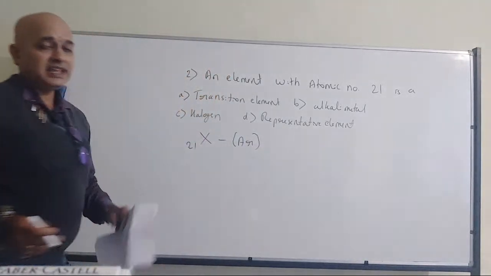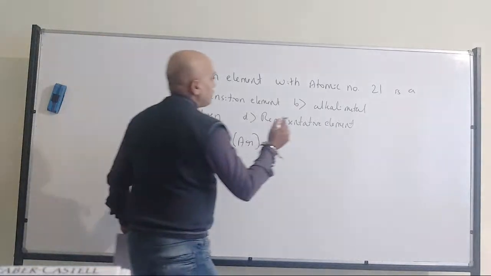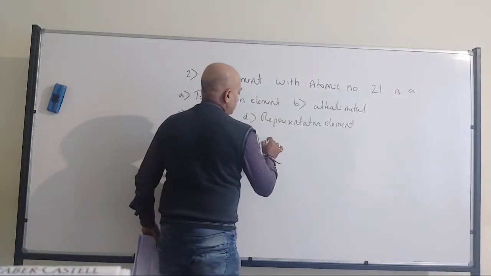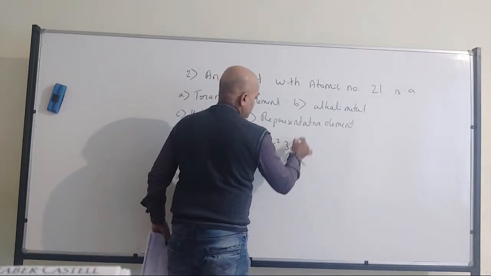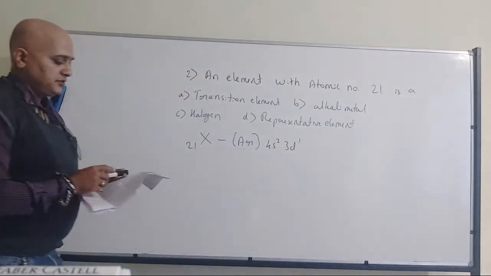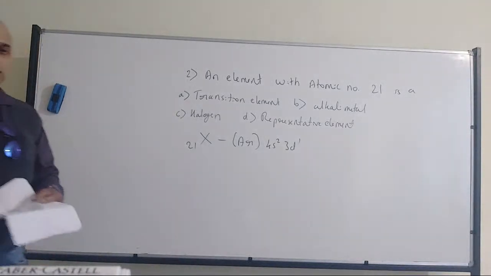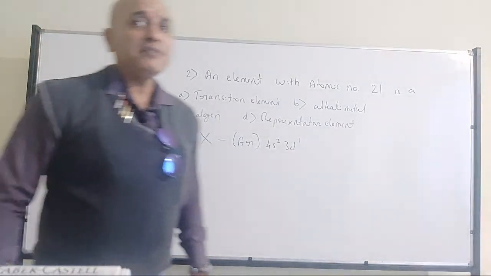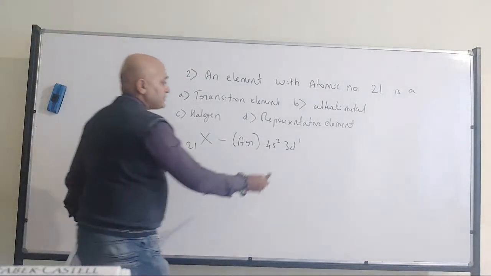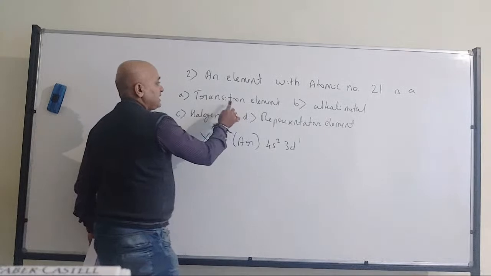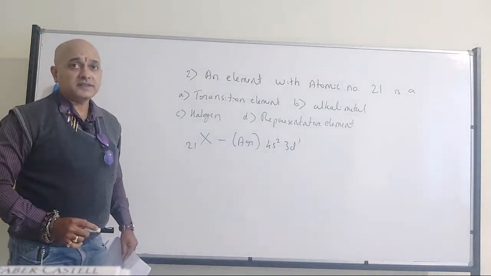So leftover is 3 electrons. So therefore it should be 4s2 3d1. So that's where we have the electronic configuration. Now the d orbital is getting filled up, therefore it should be transition element.